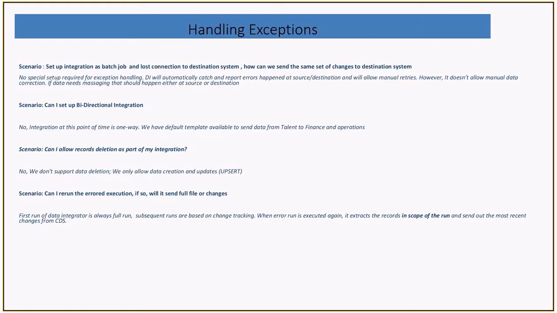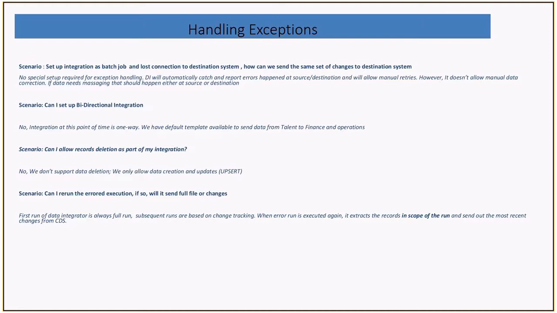So before answering that question, what usually happens if you have already scheduled your integrations and you are deploying any code changes to finance and operations or taking any servicing window, finance and operations will be down during that period. And I would encourage you to unschedule all your integrations, just put them back to manual scheduling. And once the finance and operations environment is back online, I would go and reschedule.